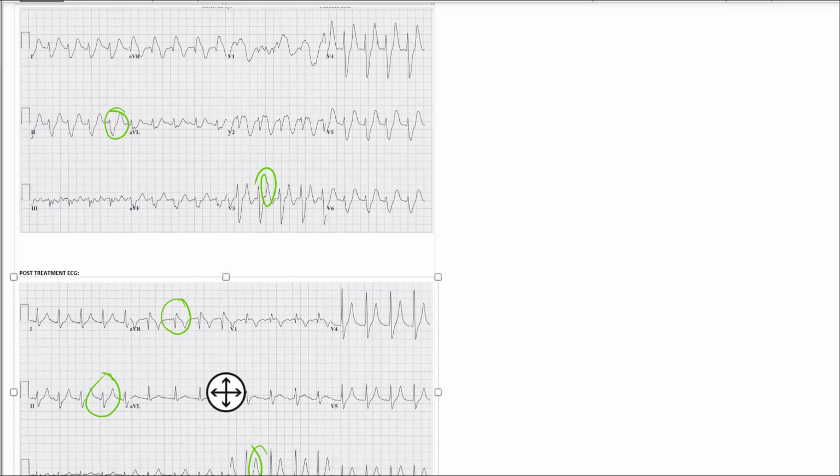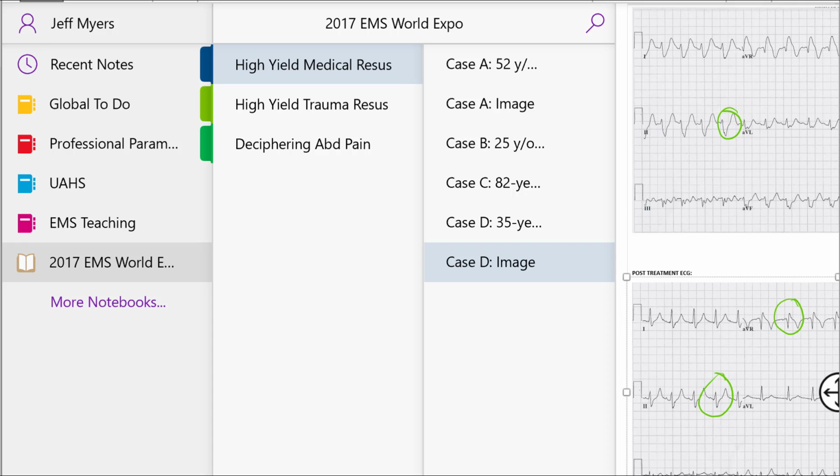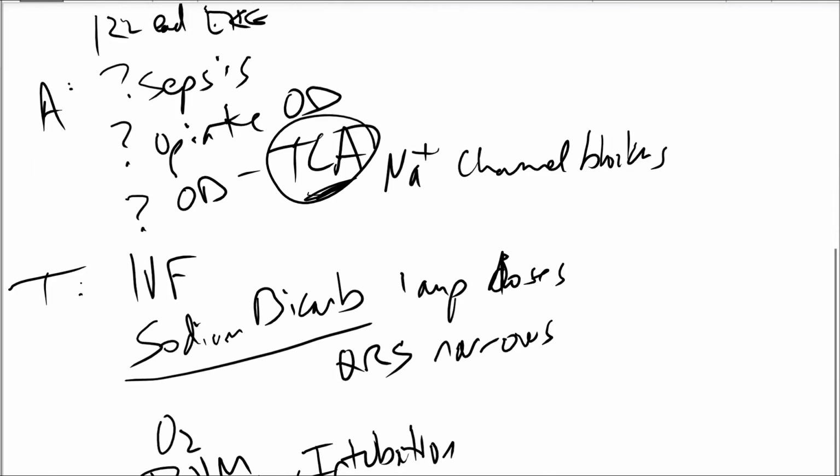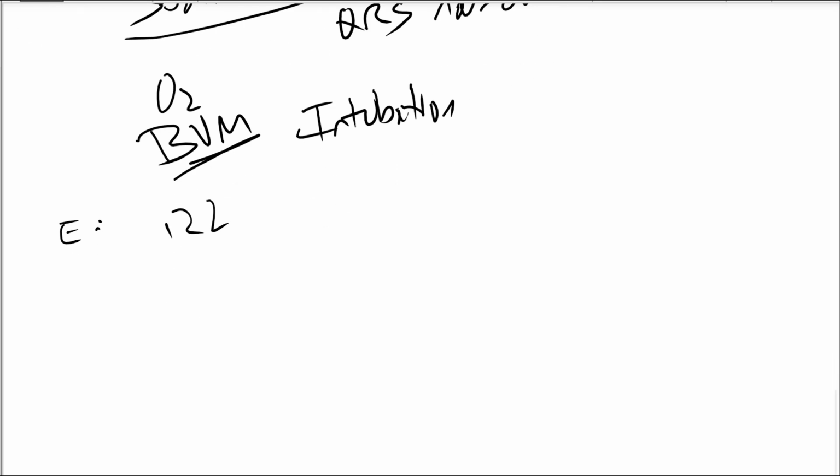So that's good. We're going in the right direction. We're not quite there yet. The QRS is still a little on the wide side, so she's going to need some additional sodium bicarb. So following the 12 lead, following vitals, end-tidal CO2, and seeing where she goes with this.